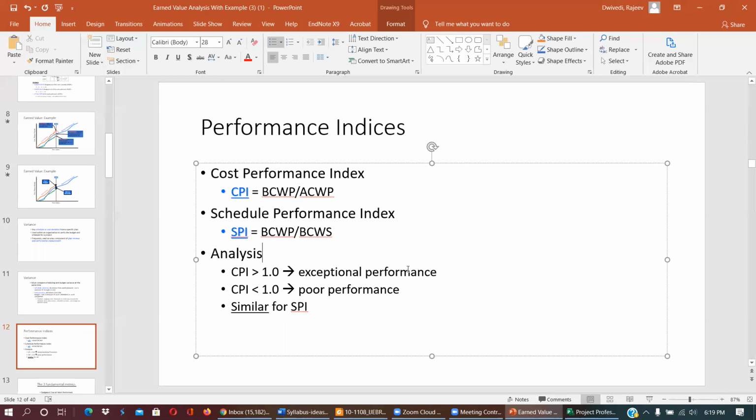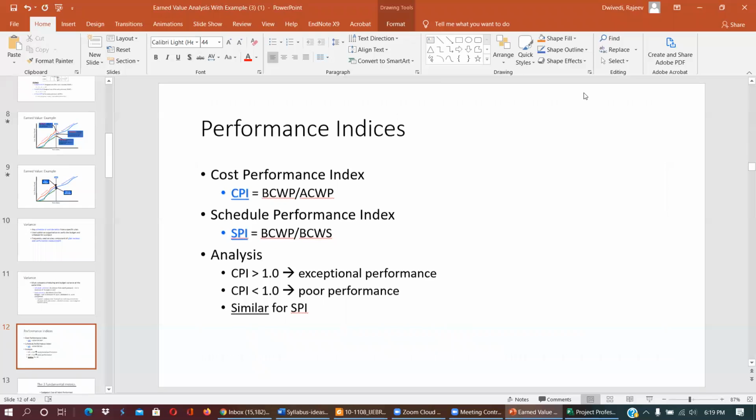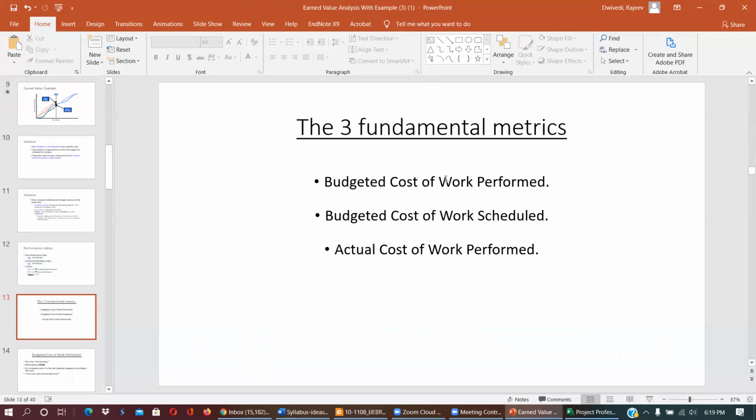Similarly, if the schedule performance index is more than 1, you can finish your work before time; if 40 days are planned, you can finish in 30 or 35. If it is less than 1, your work is not going well. So CPI and SPI indicate in this manner.